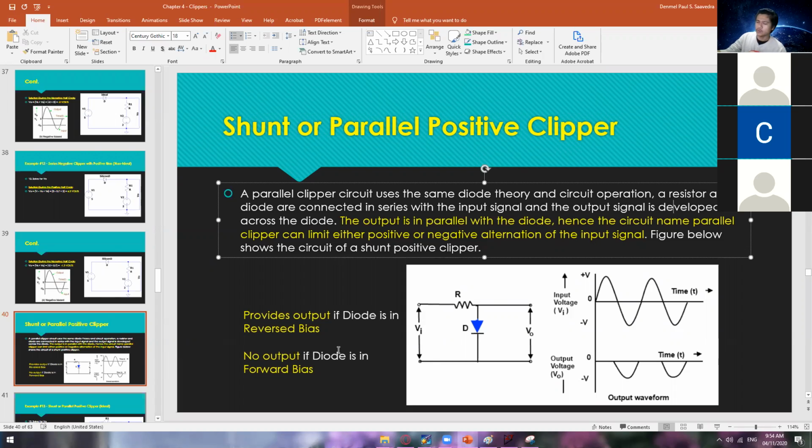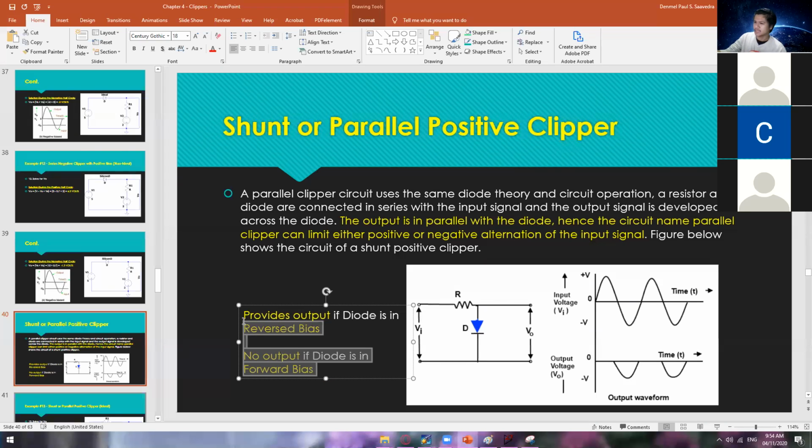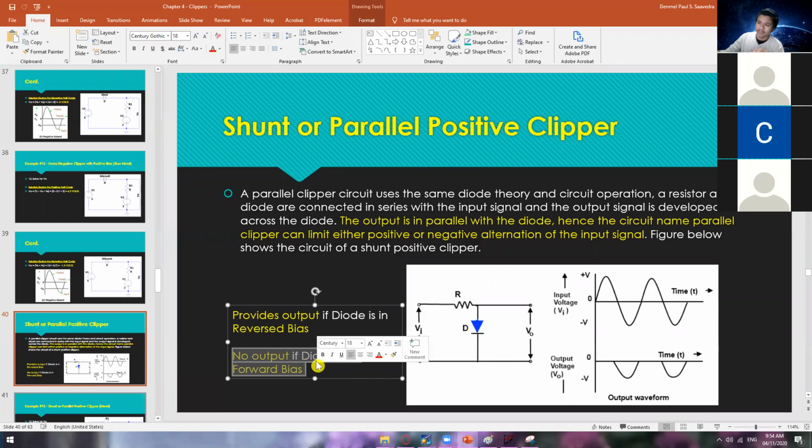We only have two things that need to be considered when it comes to a parallel positive clipper. It provides output if the diode is in reverse bias, and no output if the diode is in forward bias. As you can see, it is the complete opposite of our series clipper.